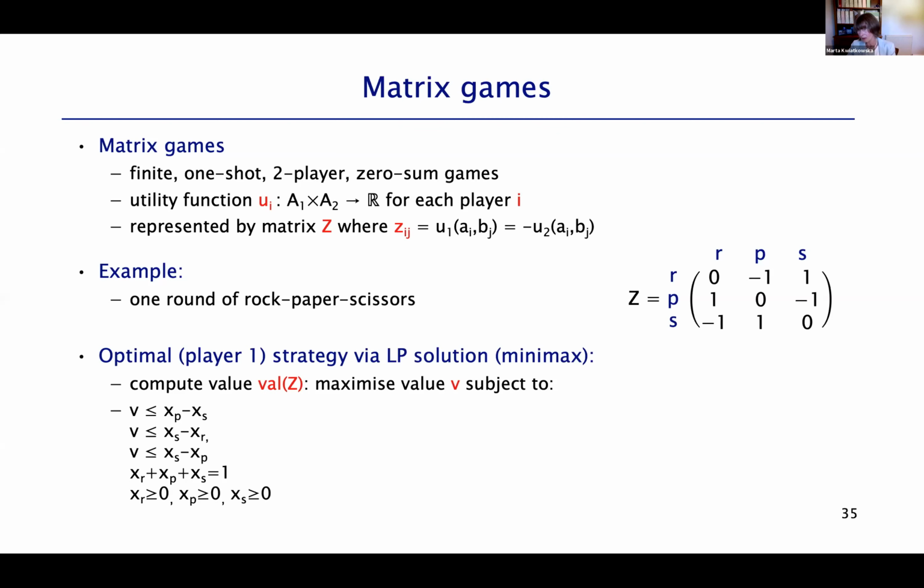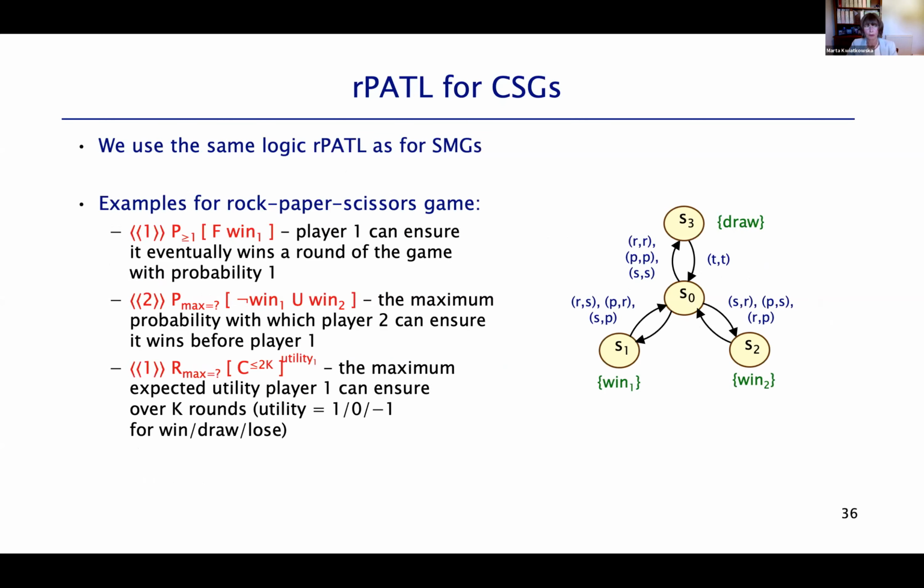So if I know how to solve my matrix games, and if I also know how to do value iteration, which I know from the previous work, I can combine the two and obtain a method to do model checking for zero-sum properties for concurrent stochastic games. Now, the optimal strategy here, I'm sure a lot of you would know what to do.